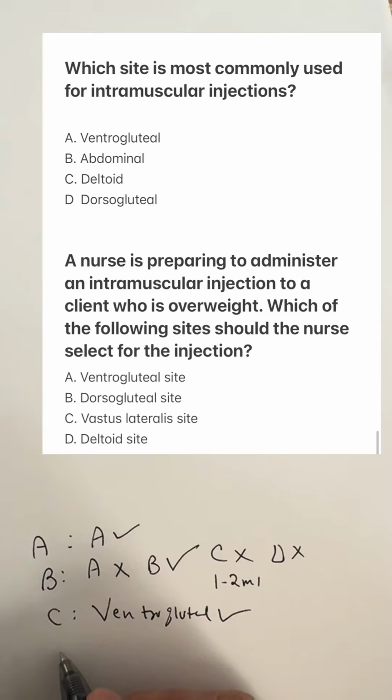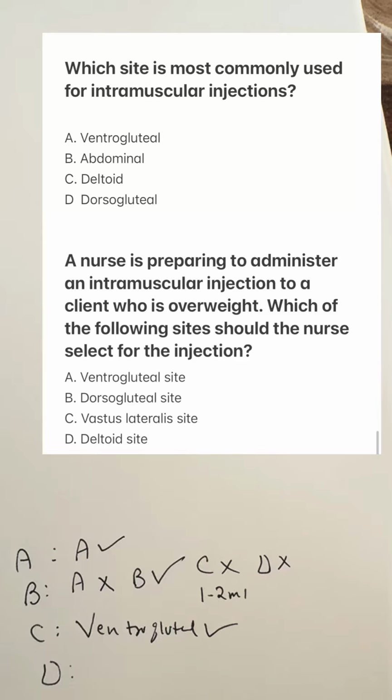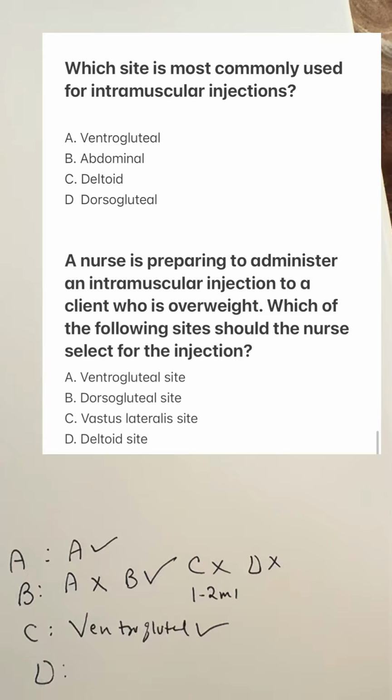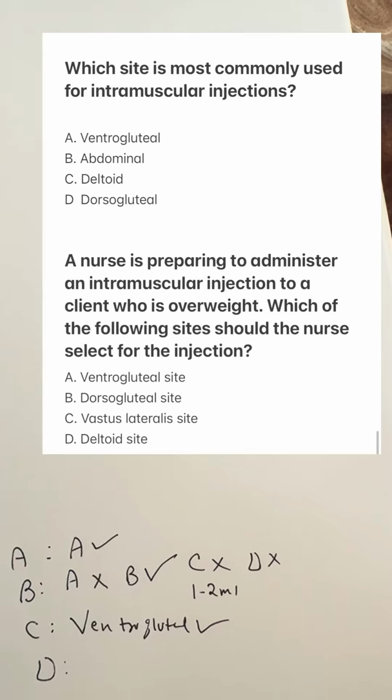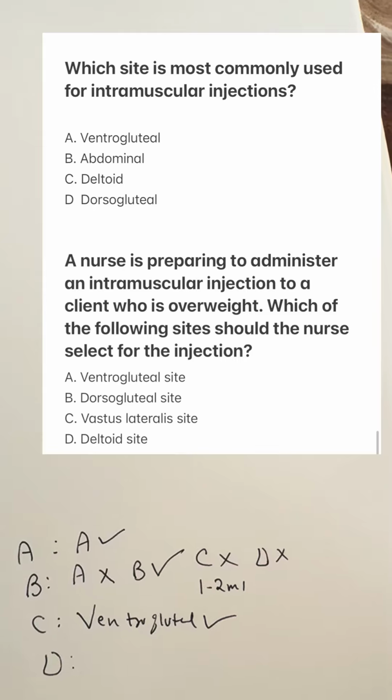Now we are going to question D. A nurse is preparing to administer an intramuscular injection to a client who is overweight. Which of the following sites should the nurse select for the injection? In this question they have given the ventrogluteal site as well as vastus lateralis.